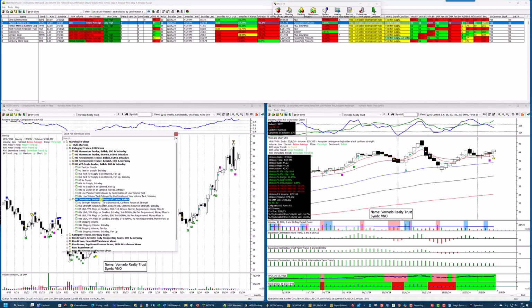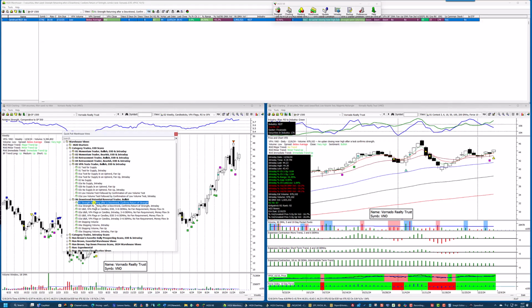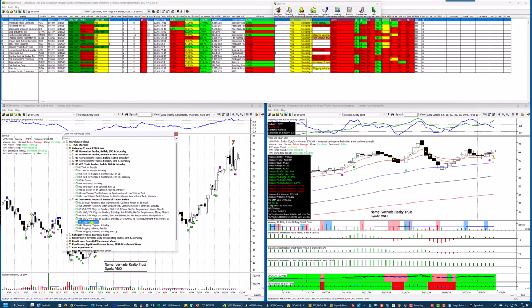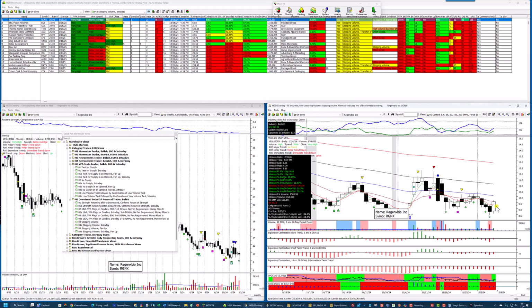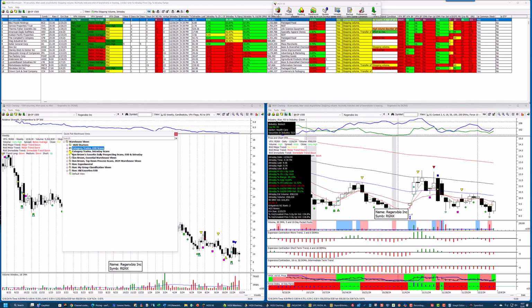A downward trend, potential reversal. That's the intraday. It didn't reverse. But these are all pretty self-explanatory. Stopping volume. You can see some of them stopped. Stopping volume here, and this is positive today. So those are the end of day and the intraday.